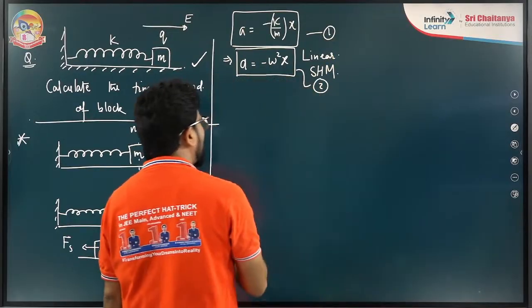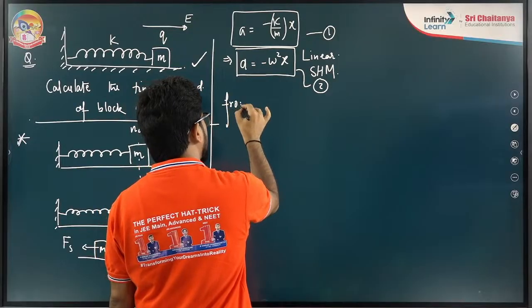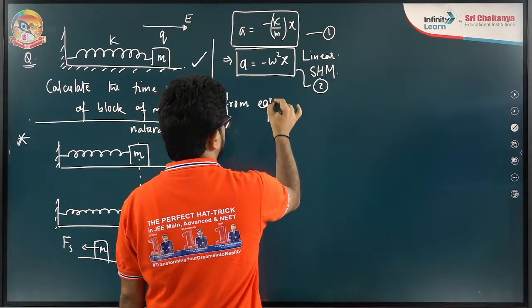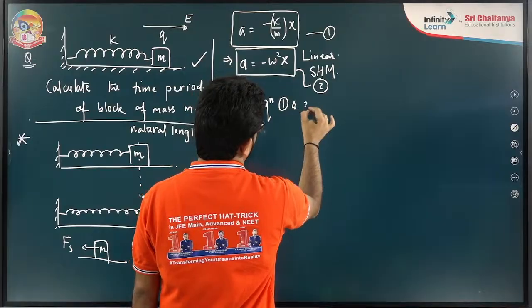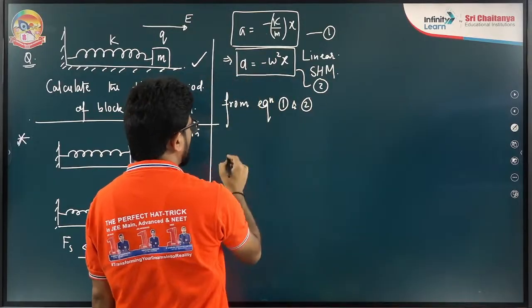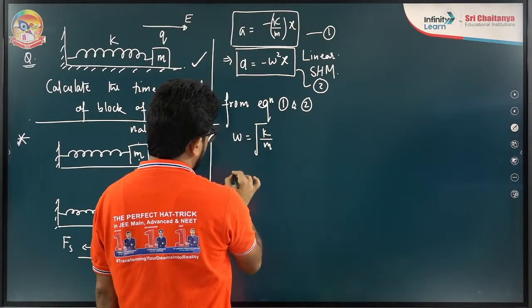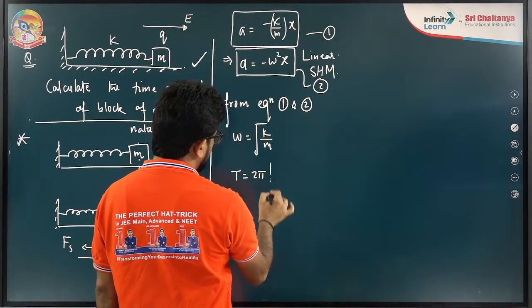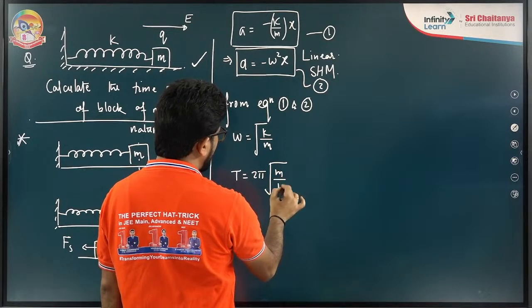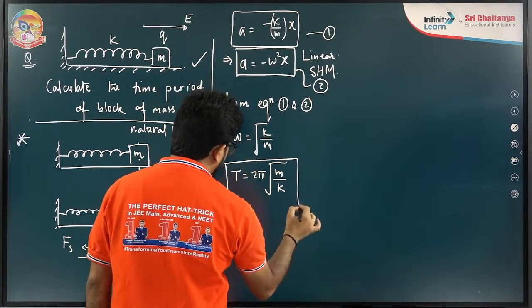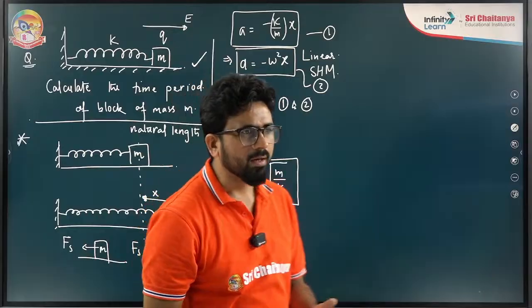What will we get from equation 1 and 2? We will get omega is equal to root over k by m. That means time period is equal to 2 pi under root m by k.